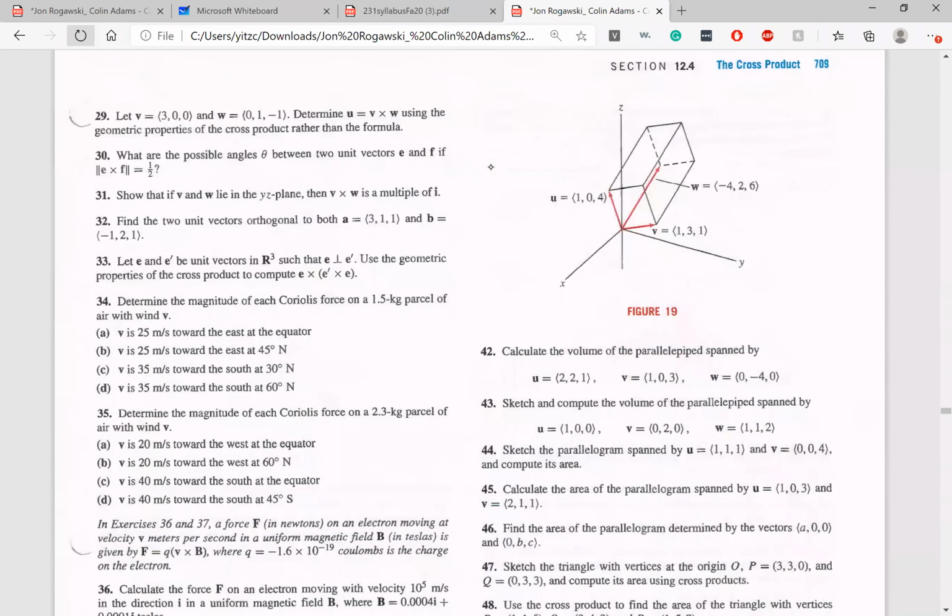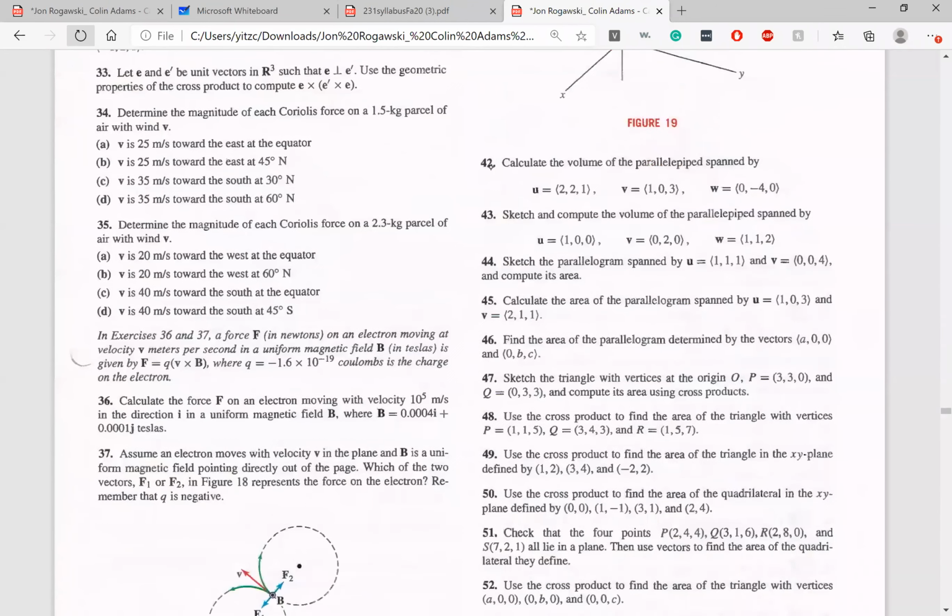So the physics questions that you see over here, I am not going to ask you to know what this is, and again, it will only appear if I'm asking about the volume of a parallelepiped.